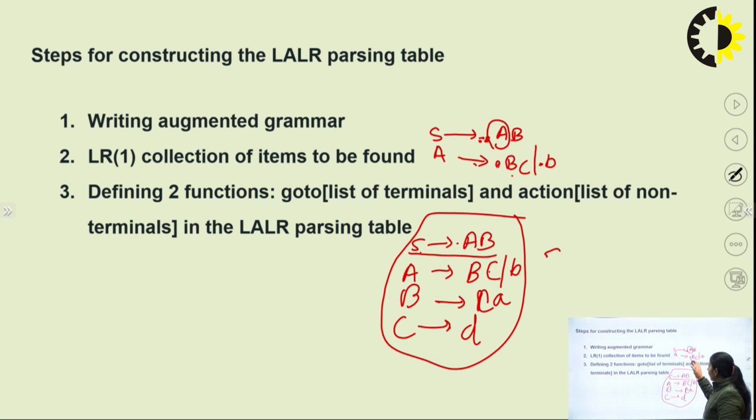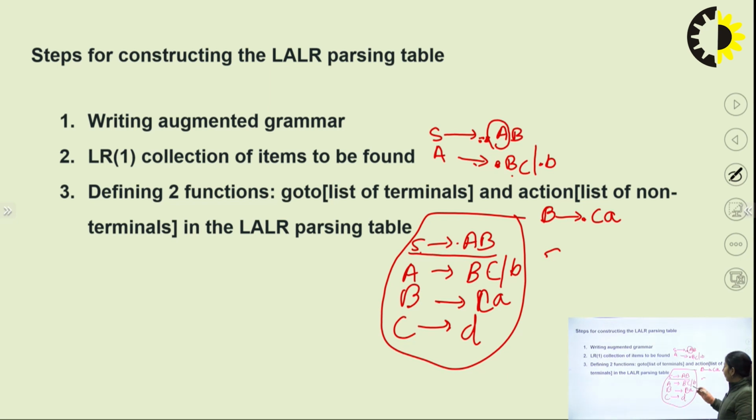Now here we can see the dot precedes B, then what we have to do? If after the dot there is a non-terminal, then we have to include the production of that non-terminal also. Now the production of B is what? B gives CA, so we write B gives dot CA.